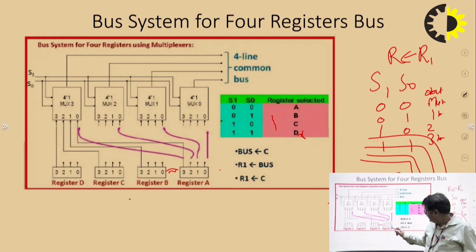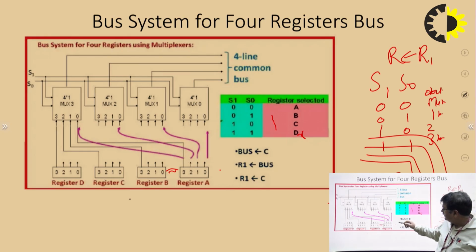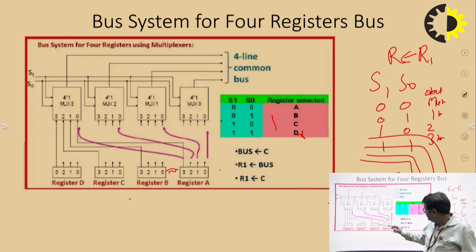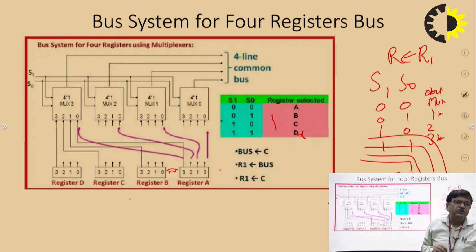If there are 4 bits in register A, I have connected bit 0 to the first multiplexer, bit 1 to the second multiplexer, and the third bit to multiplexer 3. Suppose the register has a fifth bit, that is 0, 1, 2, 3, 4.